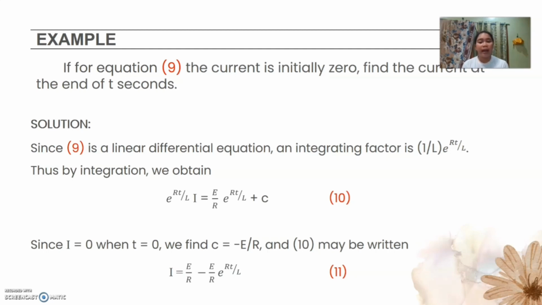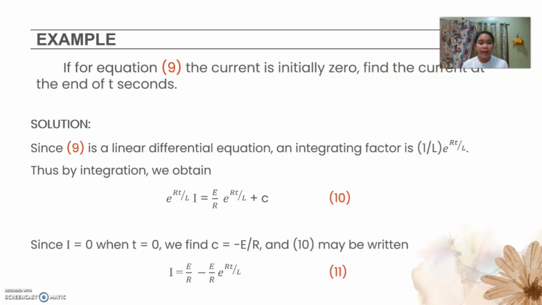So, since 9 is a linear differential equation and its integrating factor is 1 over L multiplied by e to the power of Rt over L. Thus, by integration, we obtain equation number 10, which is e to the power of Rt over L multiplied by I equals E over R multiplied by e to the power of Rt over L plus C.